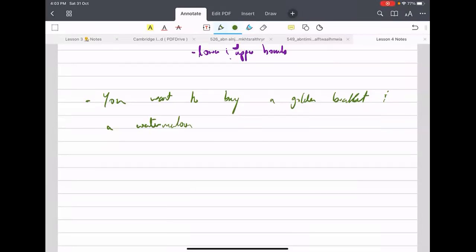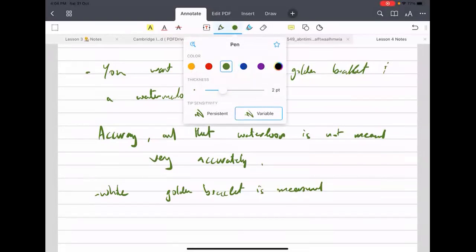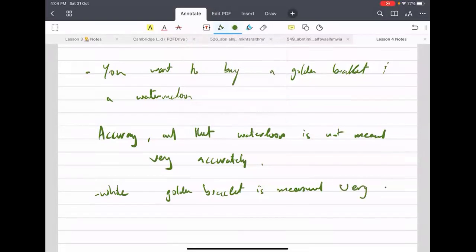So we said that we have something called accuracy, and that the watermelon is not measured very accurately, while a golden bracelet is measured very accurately.